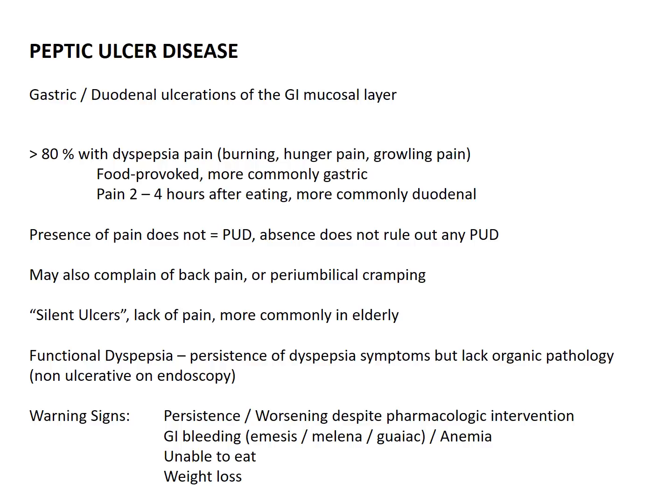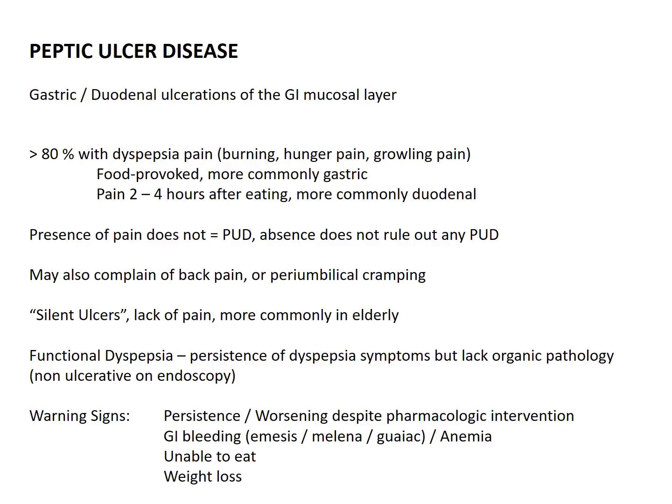Individuals who have functional dyspepsia, so they've got ulcer pain, but they lack any type of organic pathology or lack an ulcer on an endoscopy. Sometimes that's referred to as functional dyspepsia.